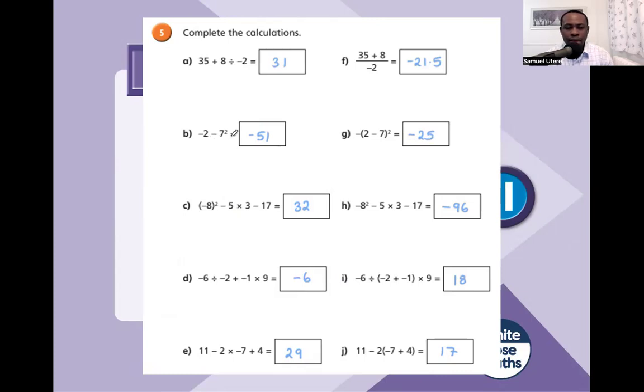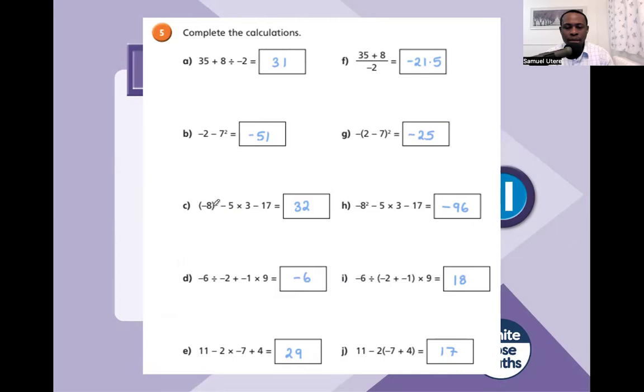Here, you have to do the index first. So 7 squared is 49. Now, -2 subtract 49 will give us -51.